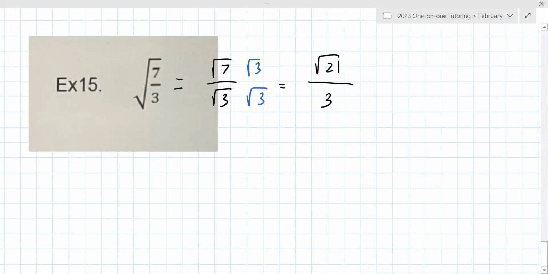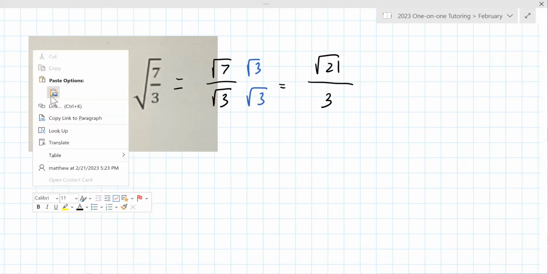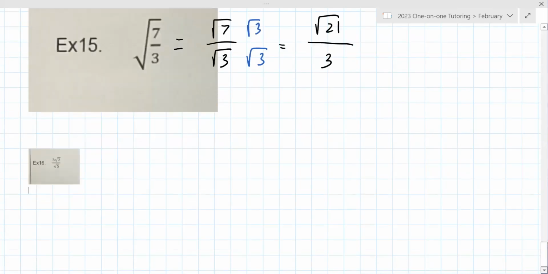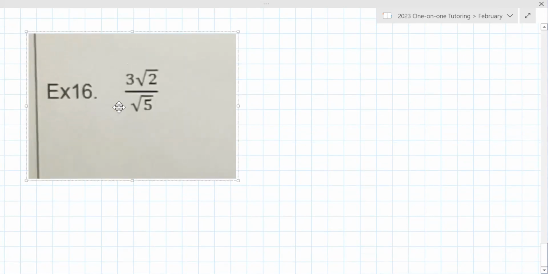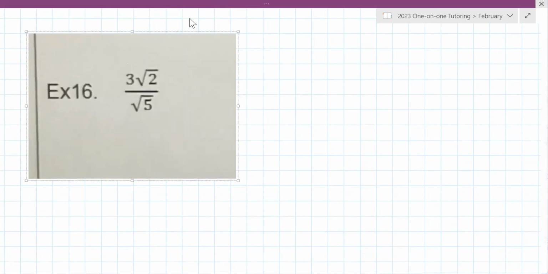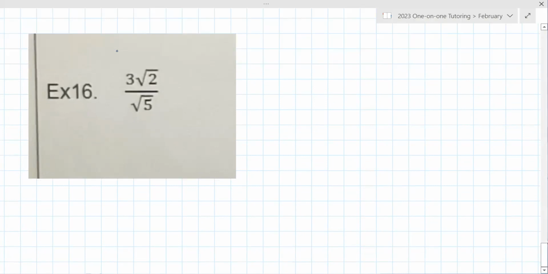All right, so 16 is kind of related to the last two. They're not really giving you any same examples of the problem sets, but they're all kind of extensions of it. So in 16, the issue is the square root on the bottom. So again, you multiply by the square root of 5 on the bottom.